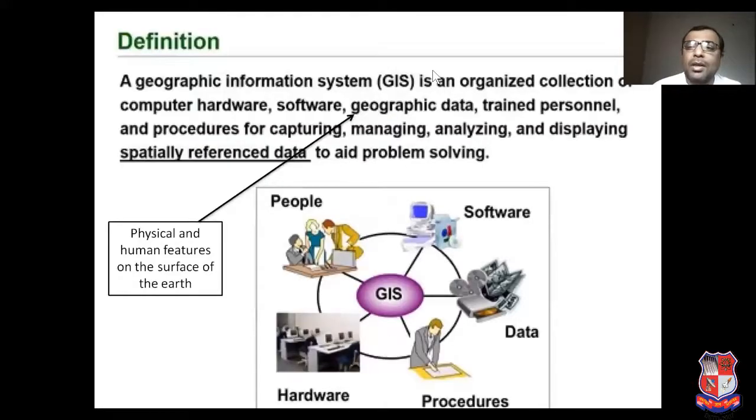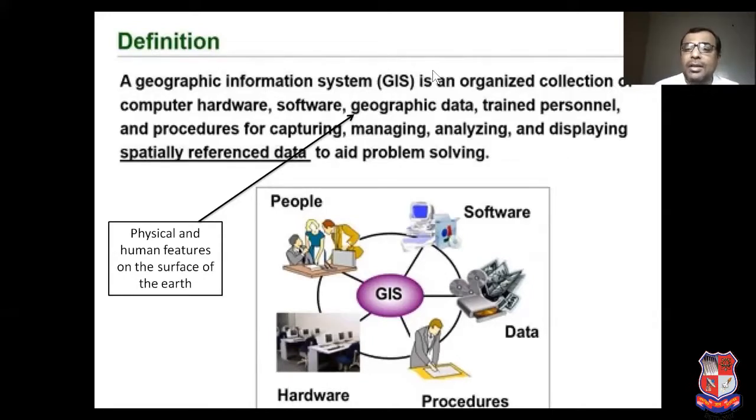Let us start with the definition of GIS. A geographical information system is an organized collection of computer hardware, computer software, geographical data, trained personnel, and processes for capturing, managing, analyzing, and displaying spatially referenced data to solve problems.